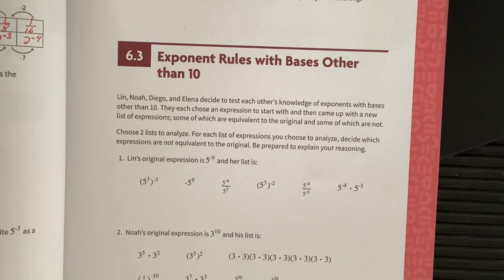Why don't you guys do 1 and 3? The rest of you do 2 and 4. You can do it alone still. Circle the ones that are equal to that.